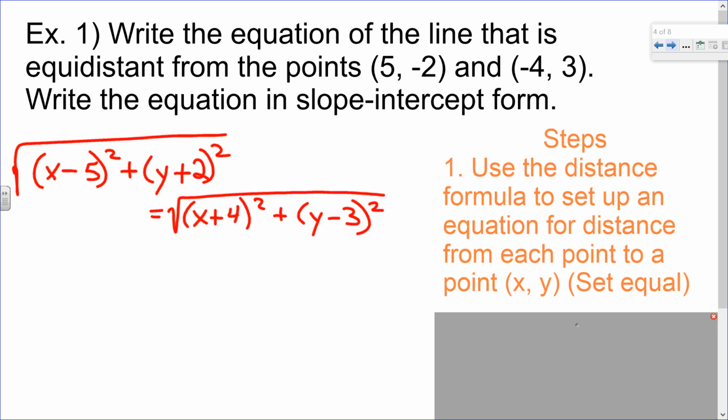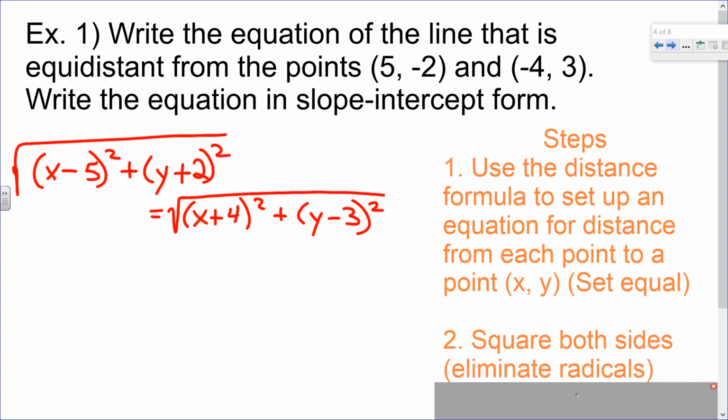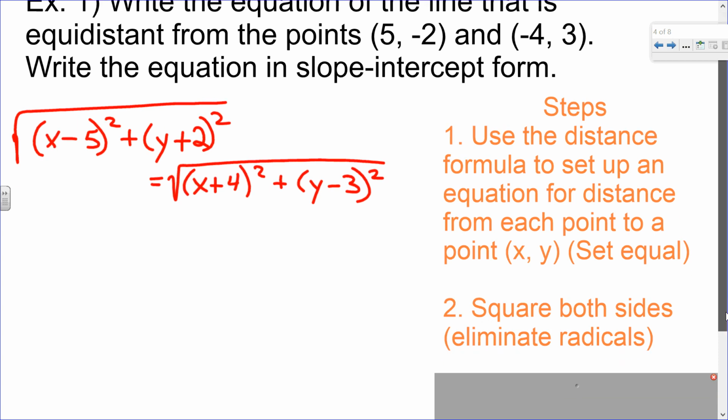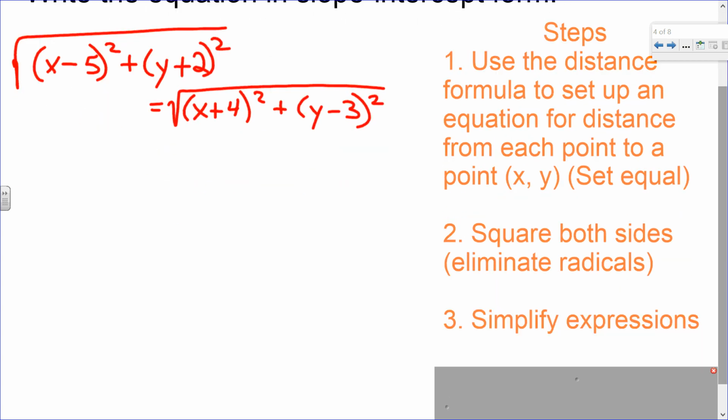Okay, then what we are going to do is to square both sides. I like to do this just in my head. Square both sides, so imagine the square roots are now gone, and start simplifying. So I've squared both sides, so my square roots are gone. And now I'm going to FOIL.